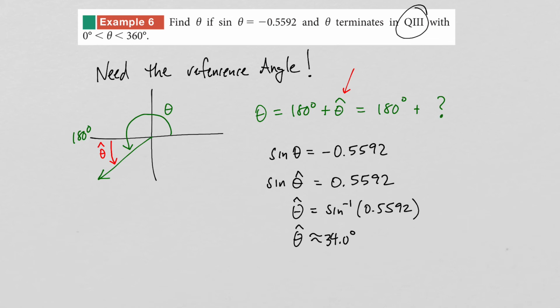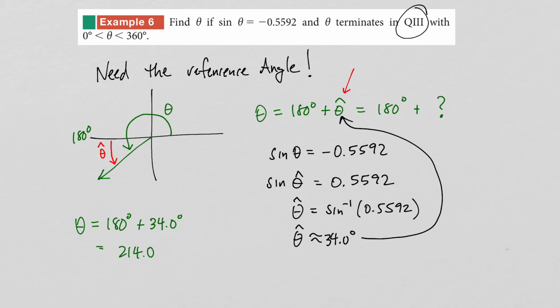So now that we know that theta hat is 34.0 degrees, we can plug it in up here, and we get theta is 180 plus 34.0 degrees. And when you do the math here, we get 214.0 degrees. And this is an approximate value for theta because this reference angle is approximated.